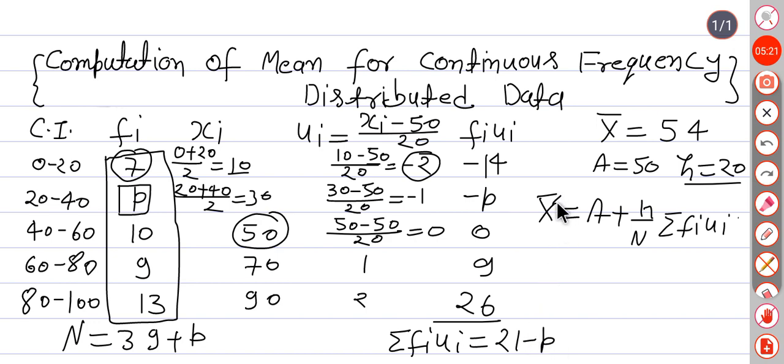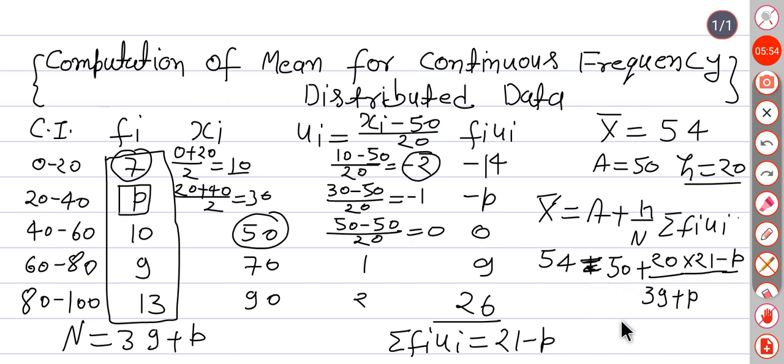Now just put the value of x bar. So 54 is equal to 50 plus h, which is 20, upon N, which is 39 plus P, multiplied by 21 minus P. Now it has become an equation, and if you solve it, the value of P would be 11.